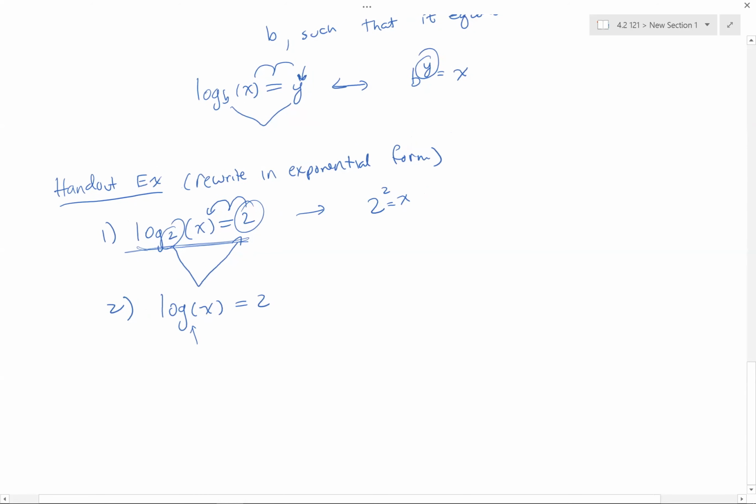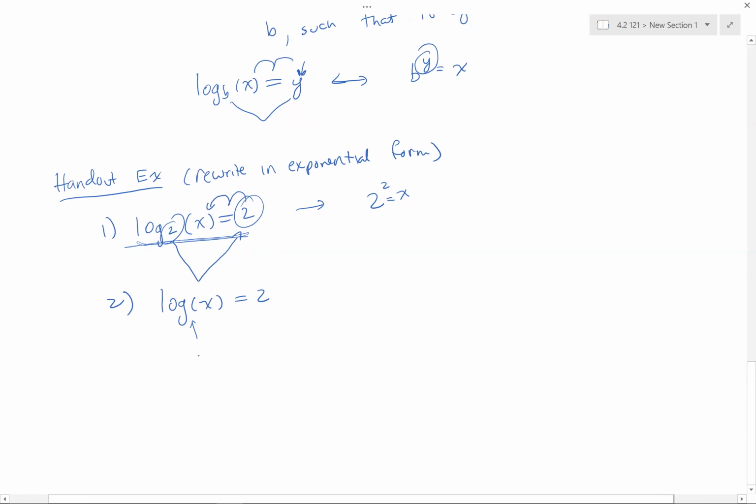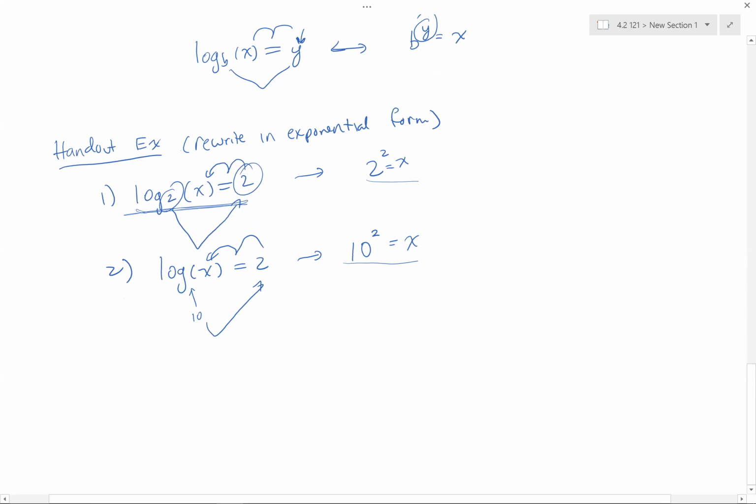So we assume that there's a base of 10 down there. And we say, well, this is the same thing as saying that 10 to the second power is equal to what's inside. Again, from where you can conclude that x is actually 100, but we're not concerned with that right now.